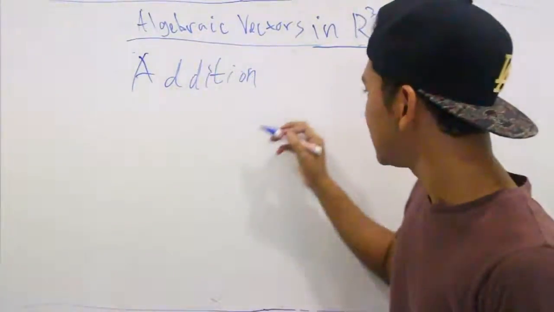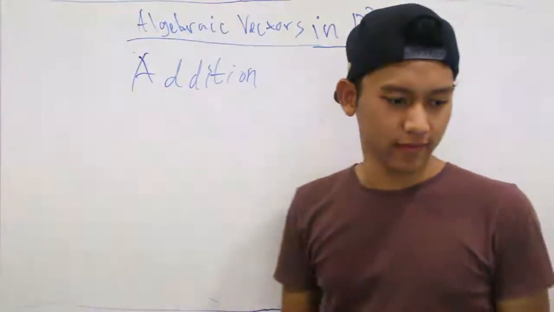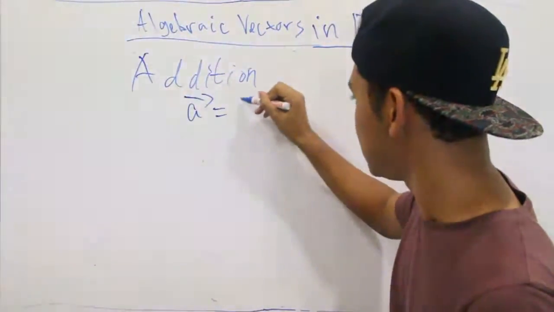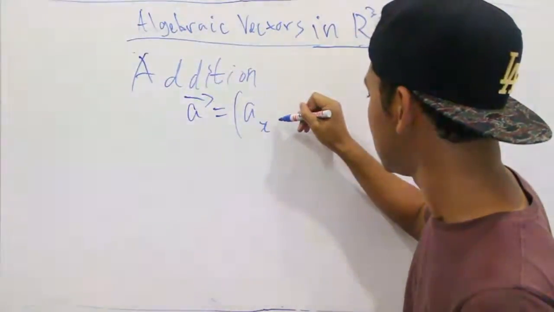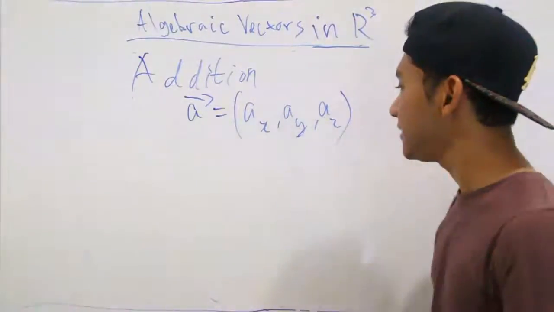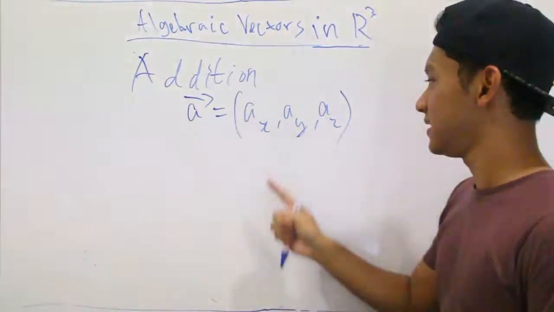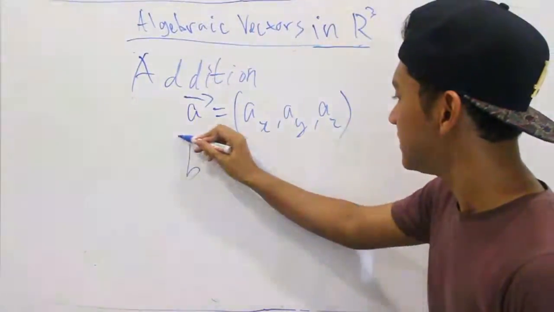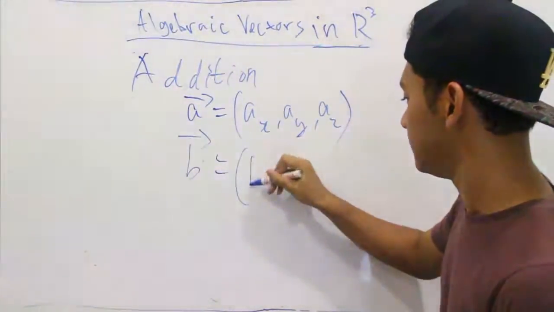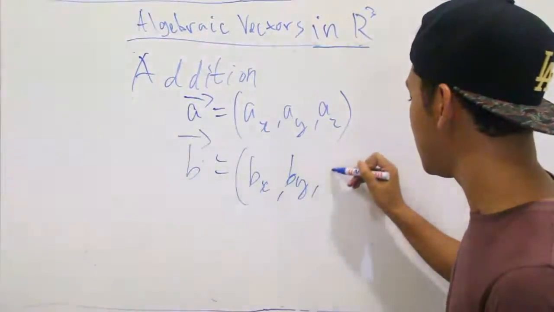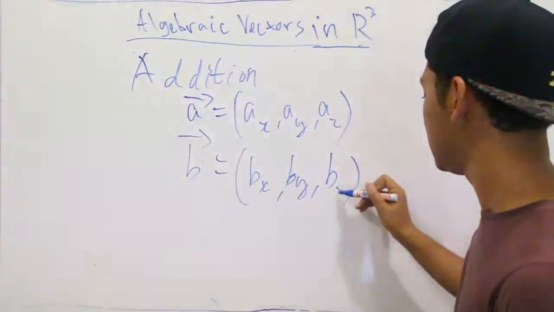The sum of two 3D algebraic vectors, let's say vector A is equal to AX, AY, and AZ. Remember, in 3D there are 3 coordinate axes, X, Y, and Z. Let's say vector B is BX, BY, and BZ.